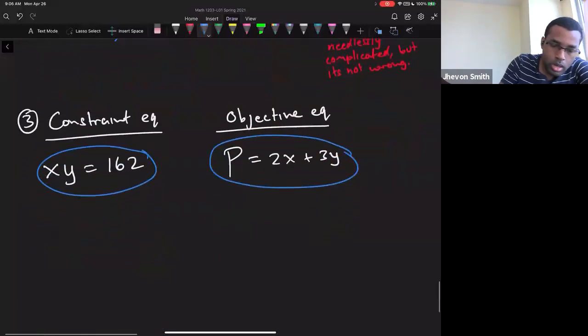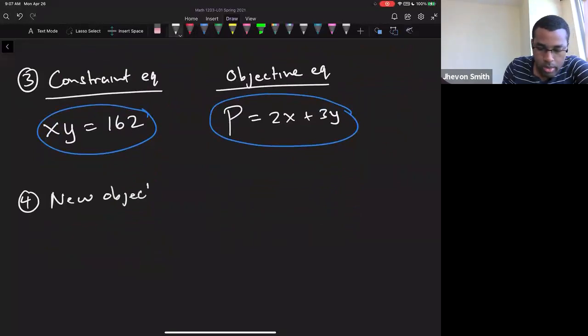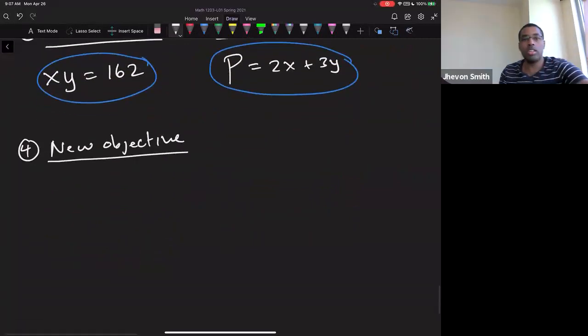Okay. That brings us to step 4. Find a new objective. Because that one, while it's correct, is not usable. So what we're going to do is solve for the x or y. It really doesn't matter which you solve for. So let's solve for y.